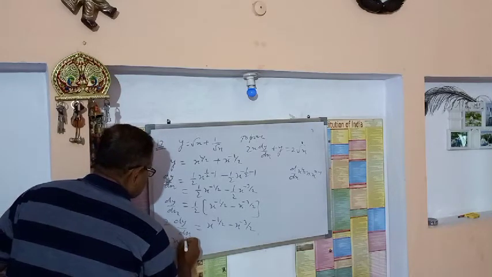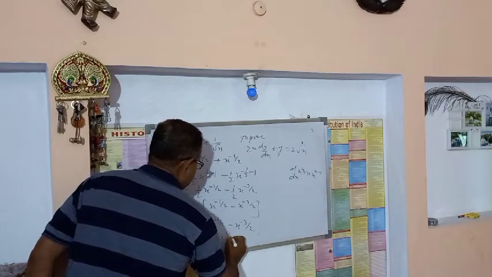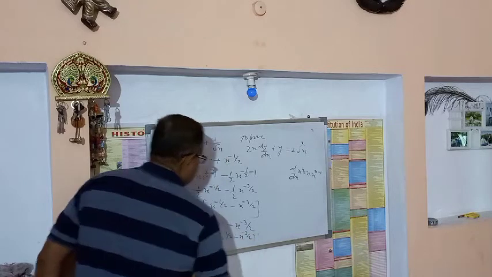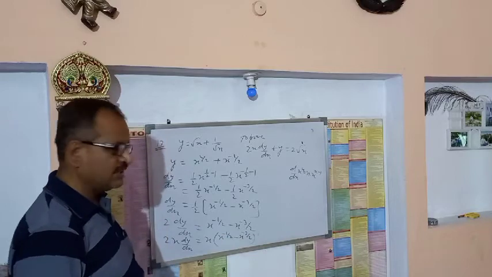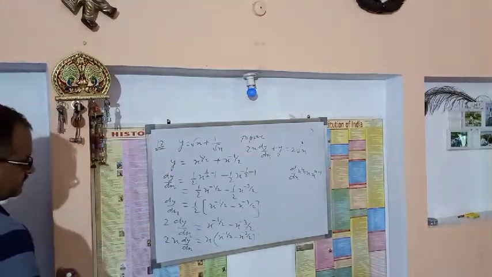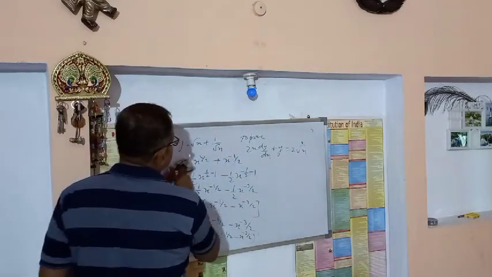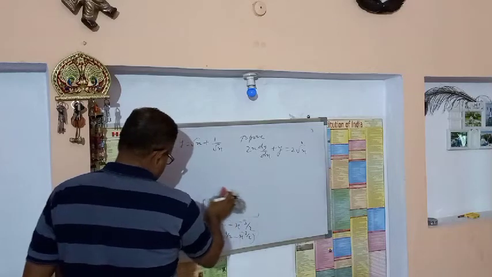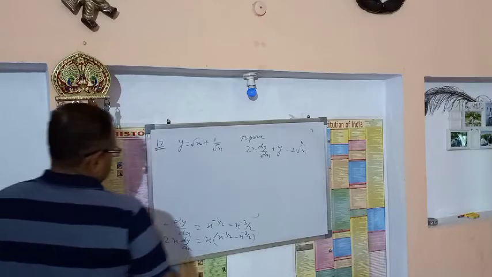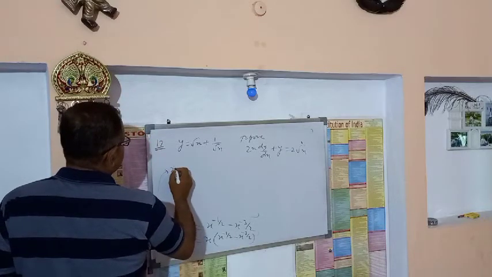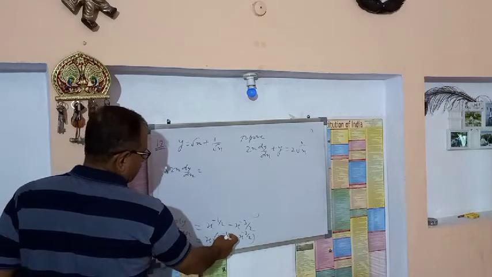So it is 2x dy by dx is equal to x into, in bracket, x to the power minus 1 by 2 minus x to the power minus 3 by 2. So multiply it. 2x dy by dx is equal to x into x to the power minus 1 by 2.